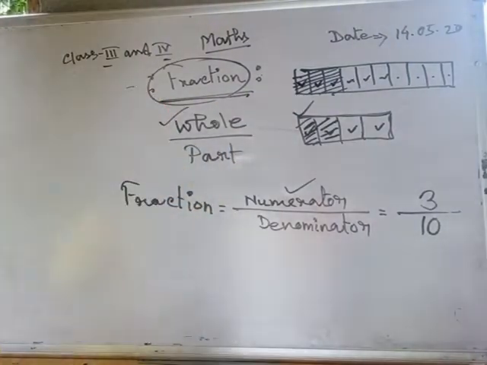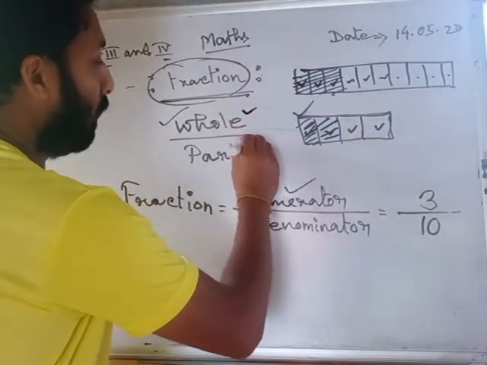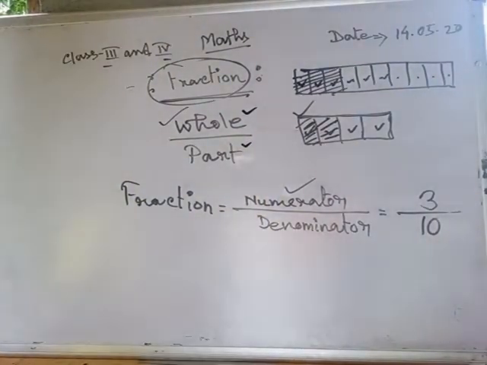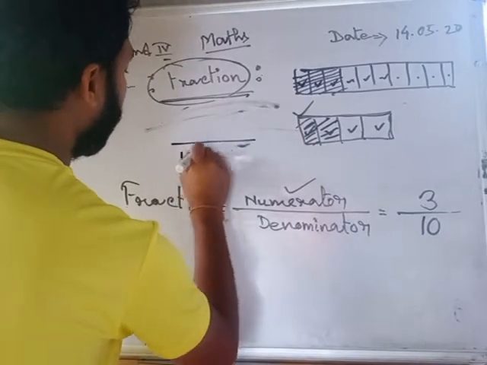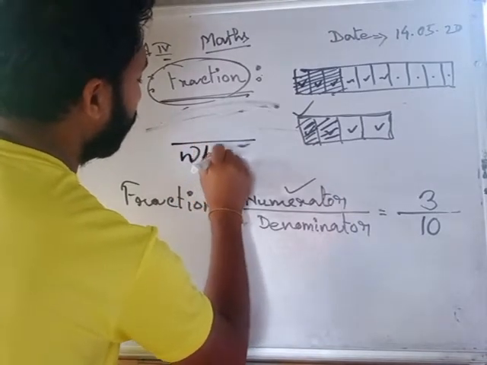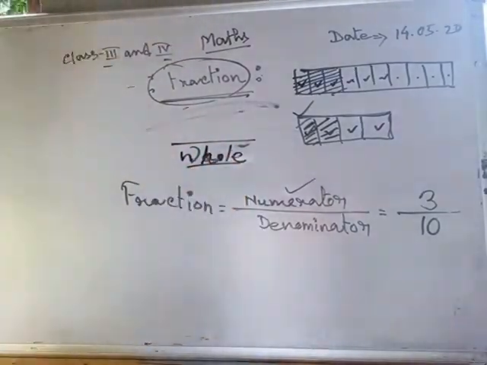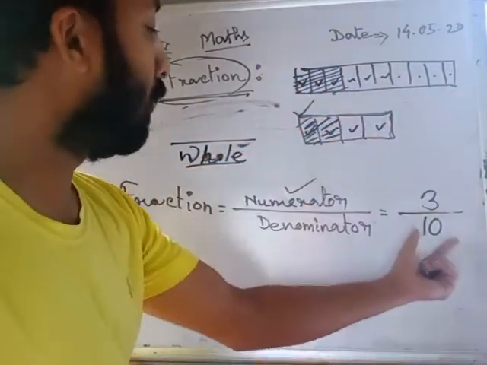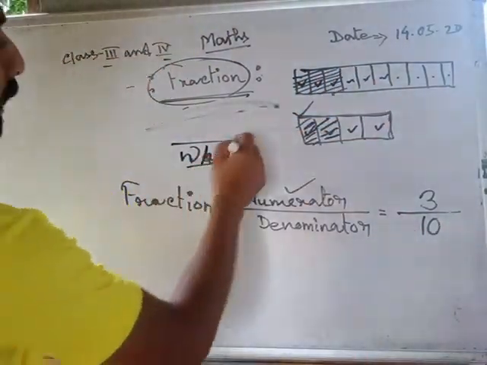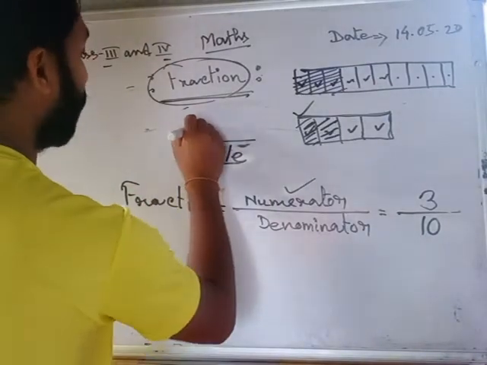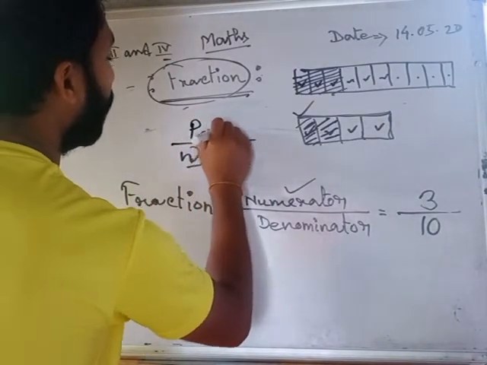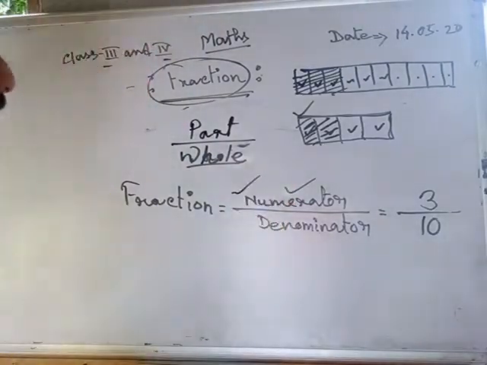Fraction will go as whole and part. We should write whole as a denominator, and how many mentioned or shaded parts we should write as a numerator.